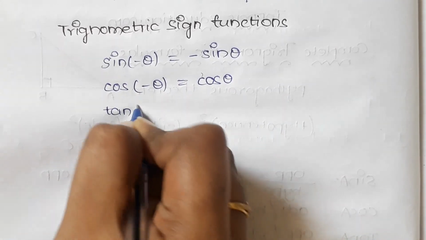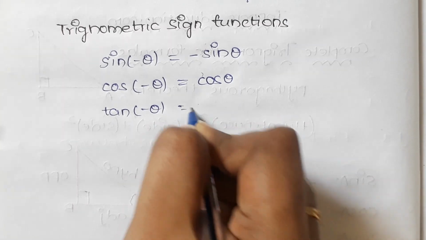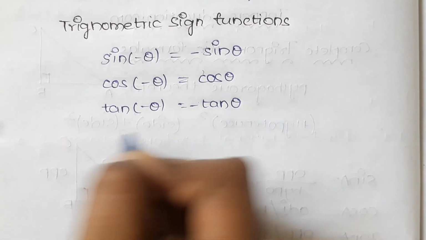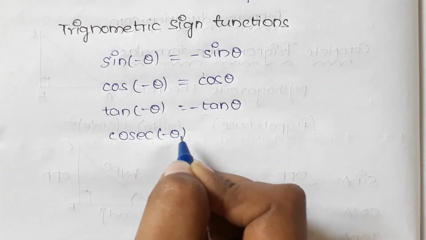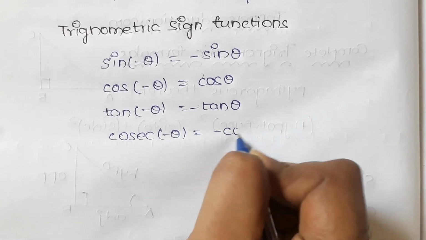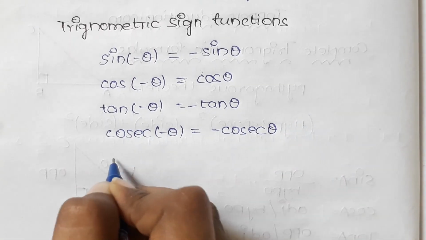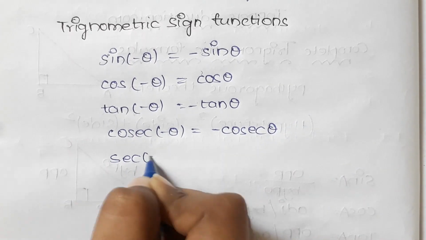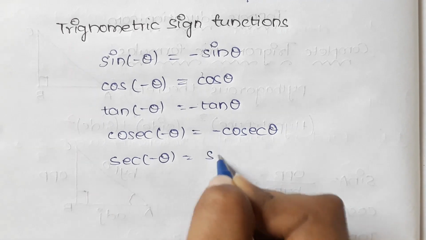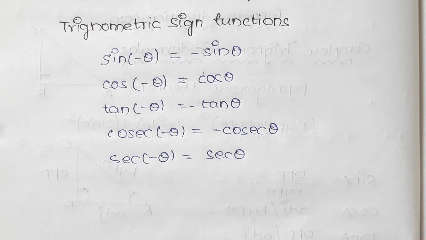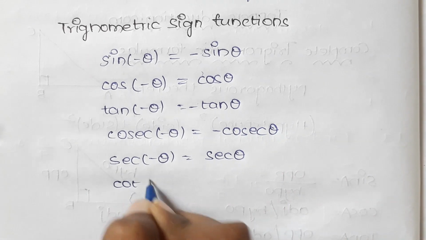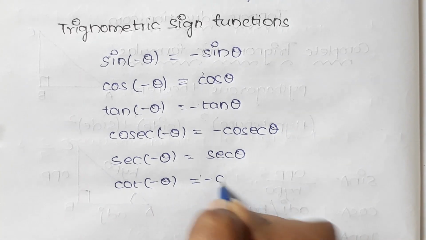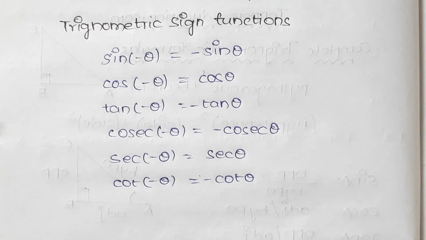Tan of minus theta is minus tan theta. Cosecant of minus theta is minus cosecant theta. Secant of minus theta is secant theta; here also, similarly to cos, we will not get the negative sign. And cot of minus theta is minus cot theta. These are the trigonometric sign functions.